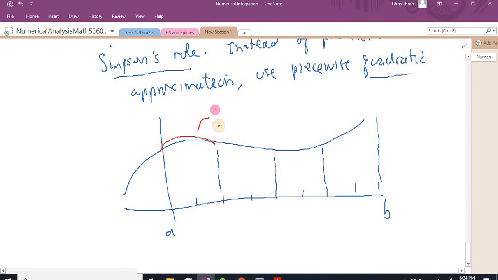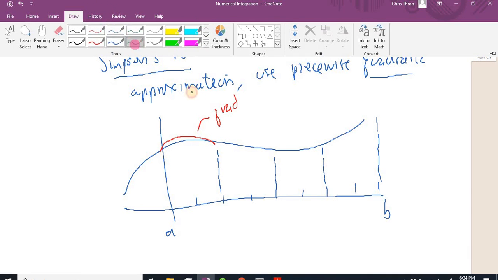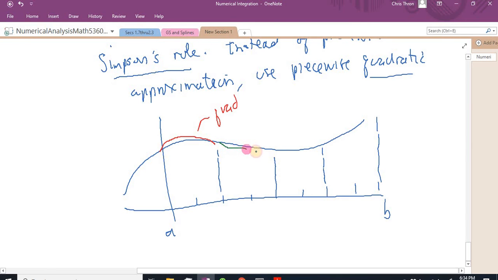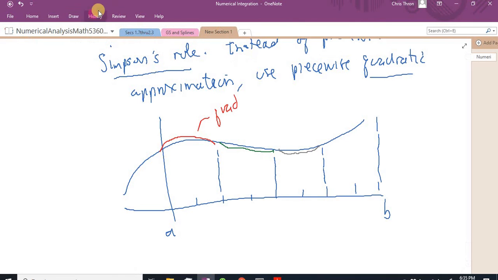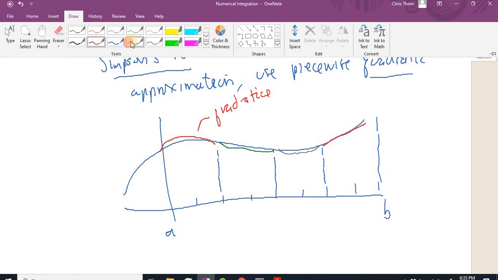Then this would be another quadratic here, and another quadratic here, and another one here.